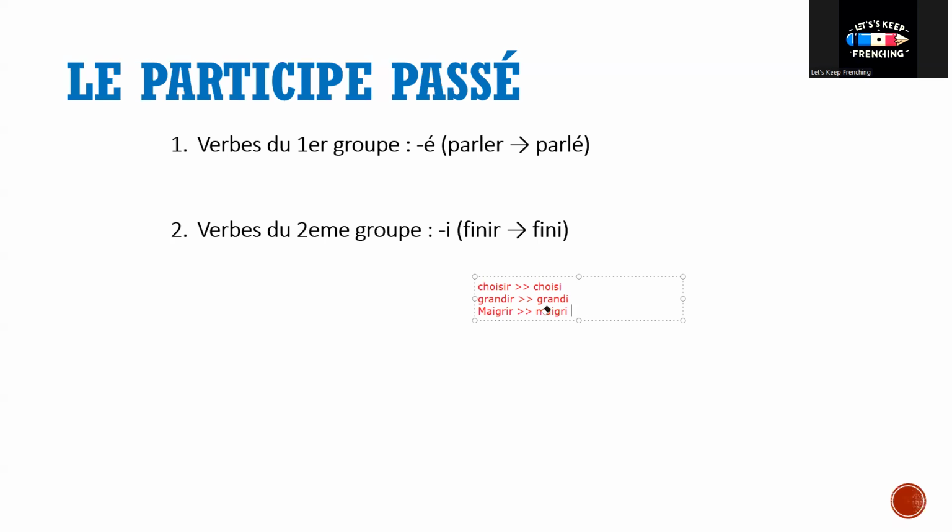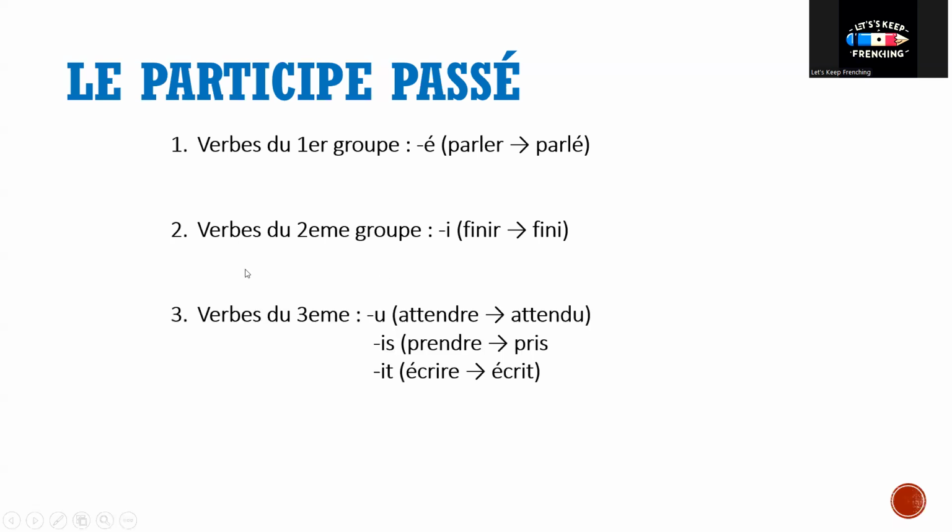Okay? Très bien. Maintenant, les verbes du troisième groupe. So, in this case, the past participle either finishes with U or ES or IT. Attendre gives us attendu, prendre, pris, écrire, écrit.